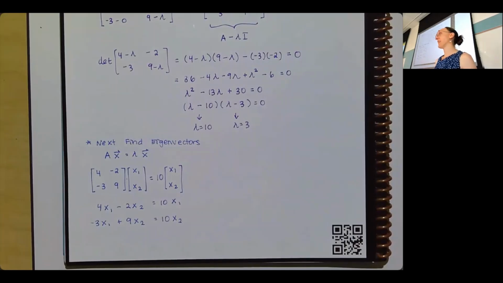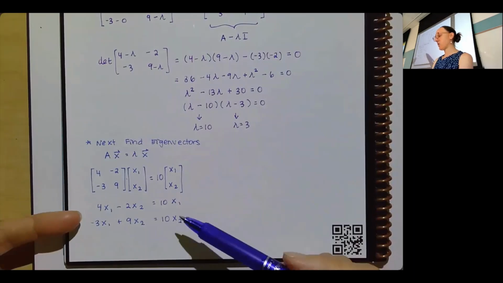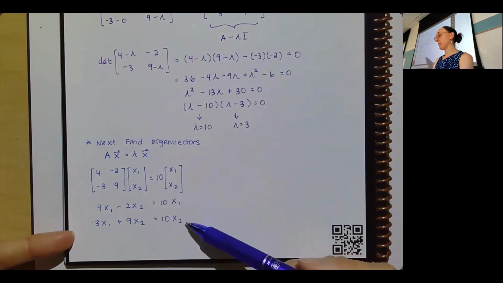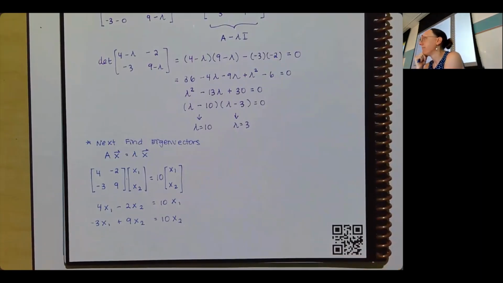If we have done everything correctly up to this point, these 2 equations, in almost every case, are secretly the same. Because eigenvectors are never unique.